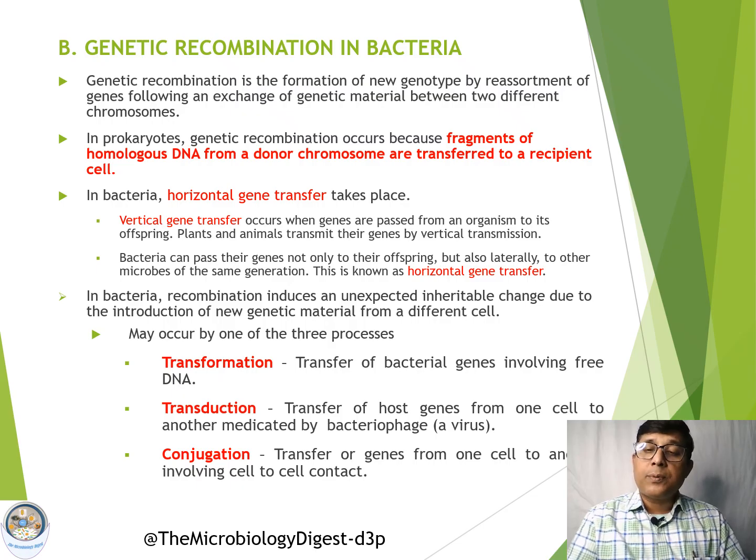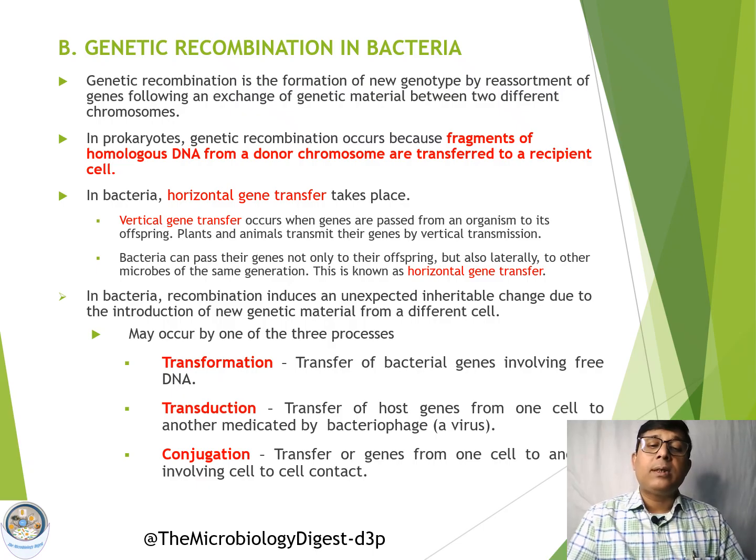This is the transfer of genetic information from one bacterial cell to another, but it is mediated by a virus which infects bacteria. These viruses are called bacteriophages. Through the bacteriophage, the genetic material is transferred from one bacterium to another. This method is called transduction.